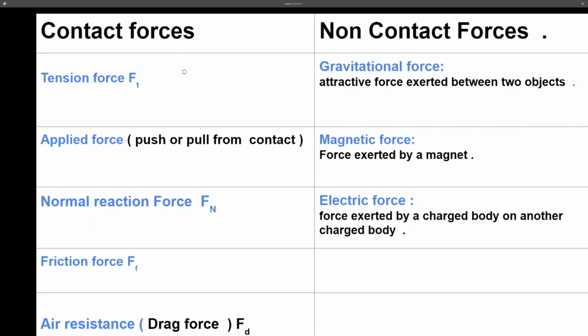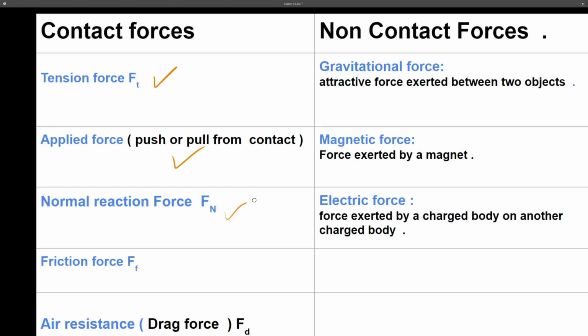The types of forces we're going to go over during these lessons are as follows: tension force, not in this lesson though. We have applied force, which is when you pull or push an object, which is contact obviously. We have normal reaction force, which is the force against gravity. So for example, gravity is pushing an object down. Normal force will be the equal and opposite force against the force of gravity.